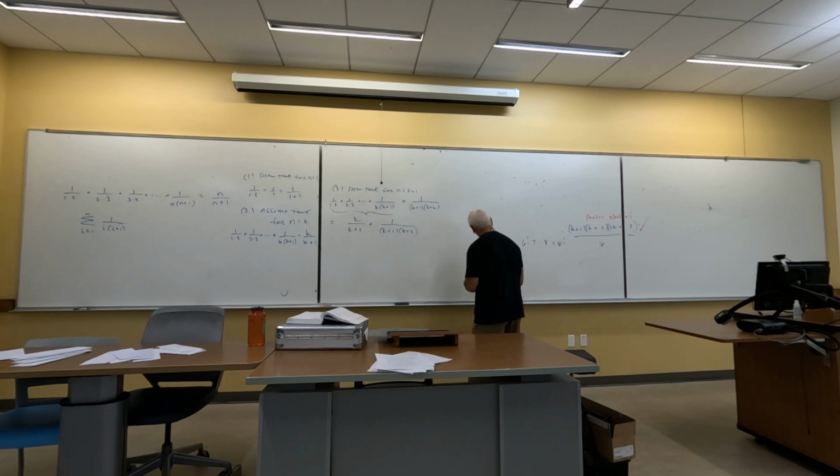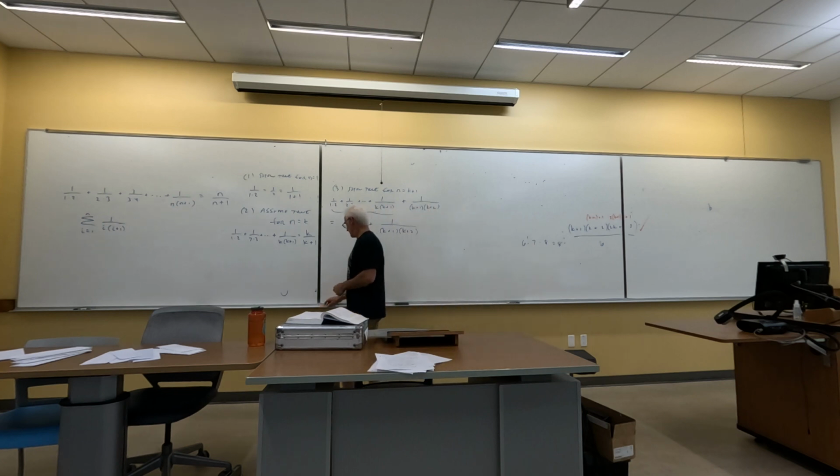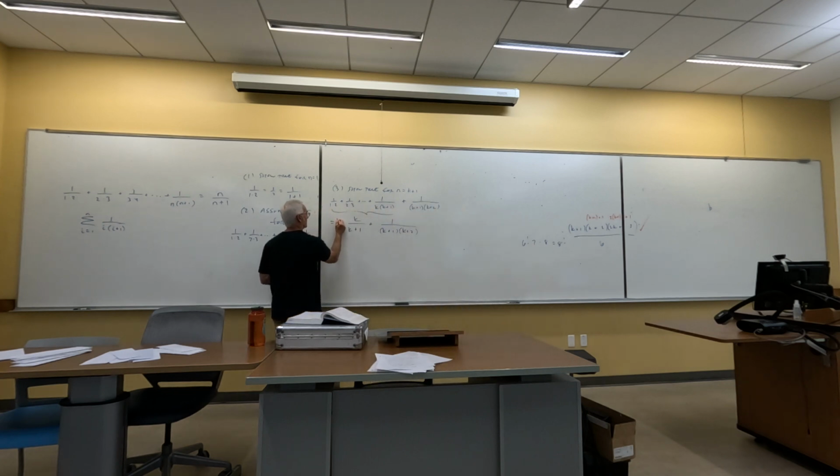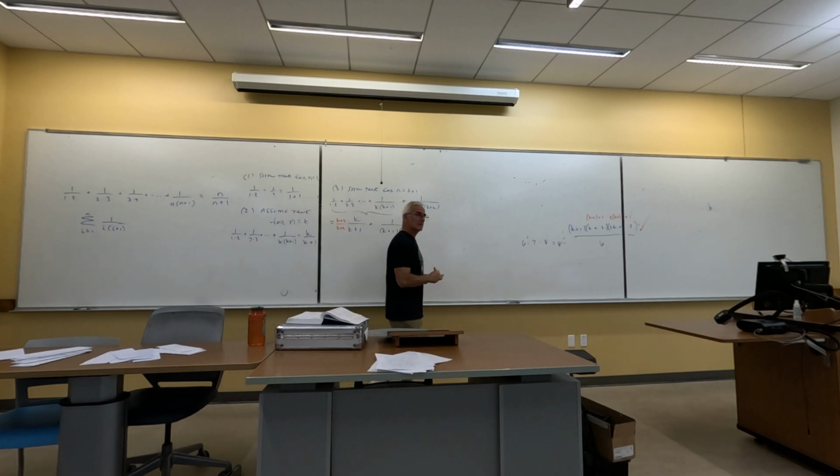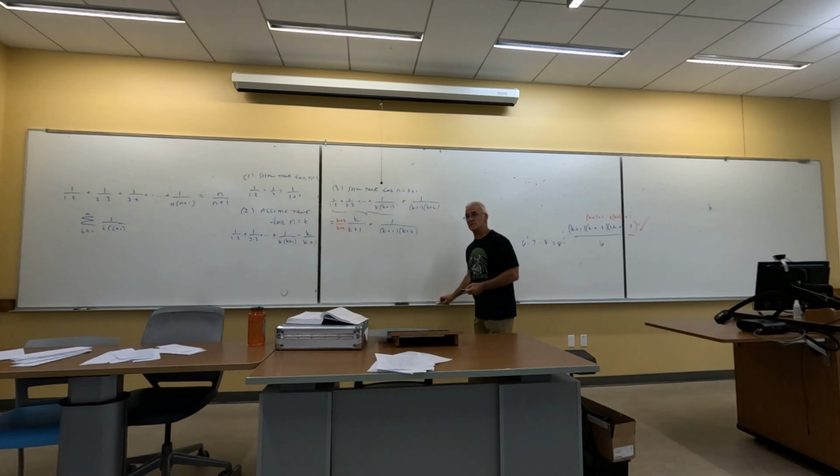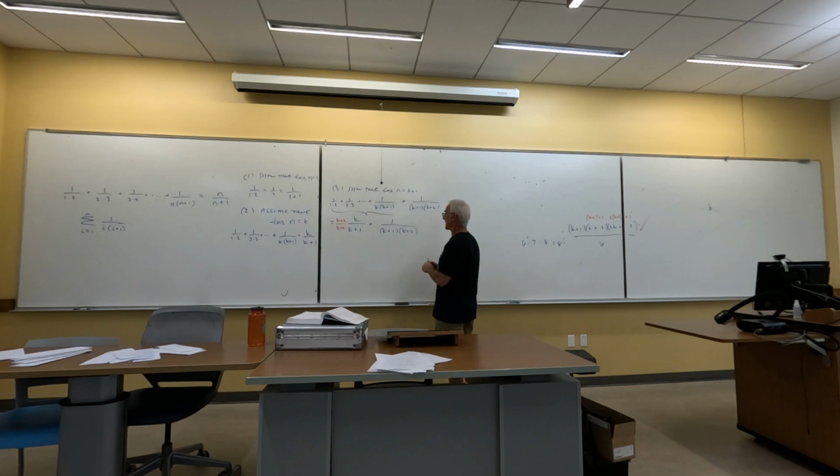Okay, I need a common denominator, so what am I going to do on the left side? Would that work if I do that? Yes, no, maybe? Yeah. All right, so now what have I got? I've got k squared plus 2k plus 1 over k plus 1 times k plus 2.